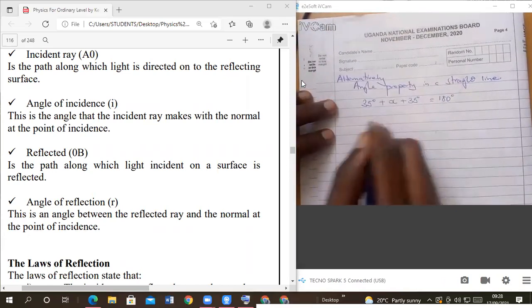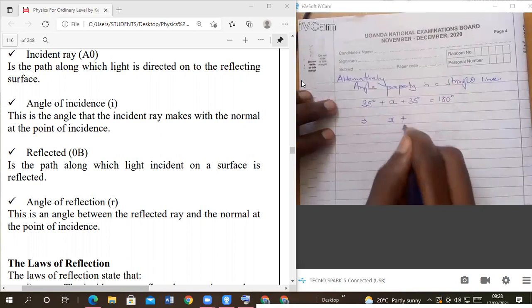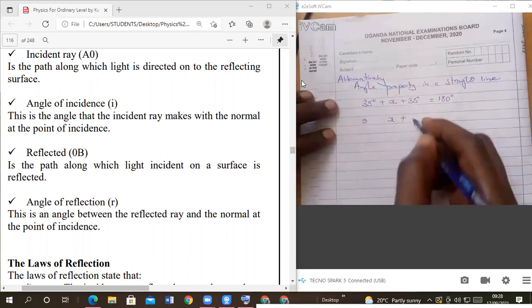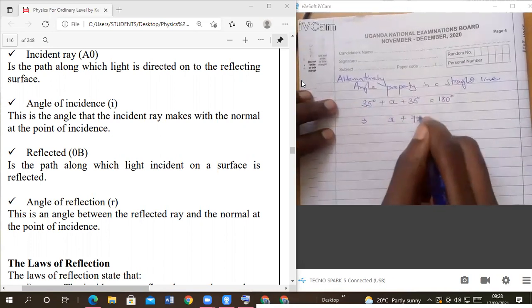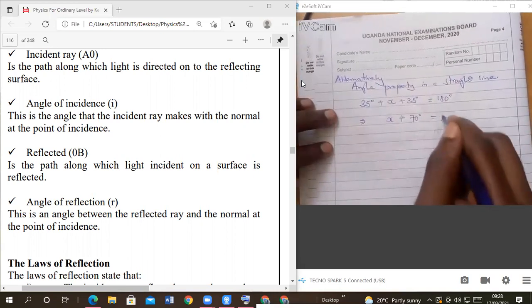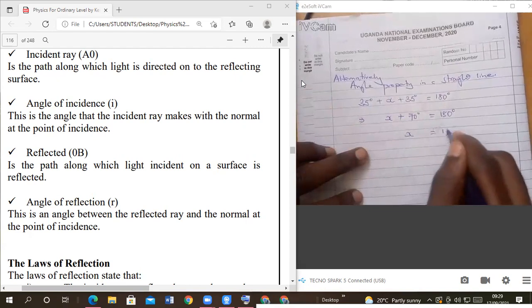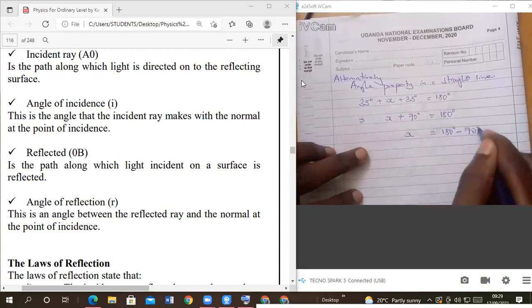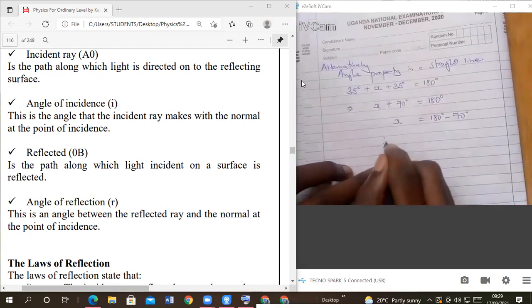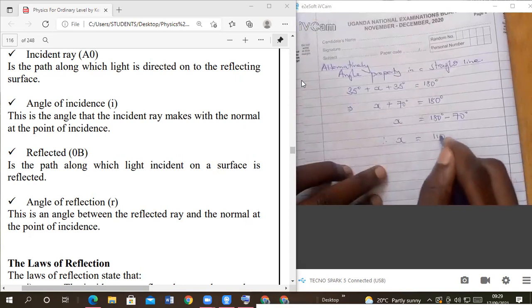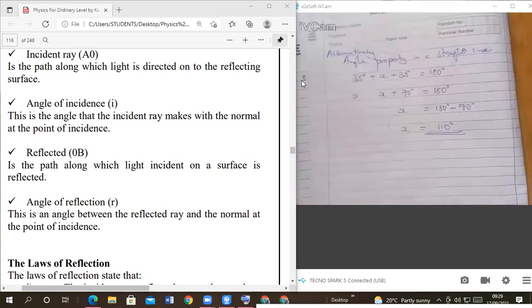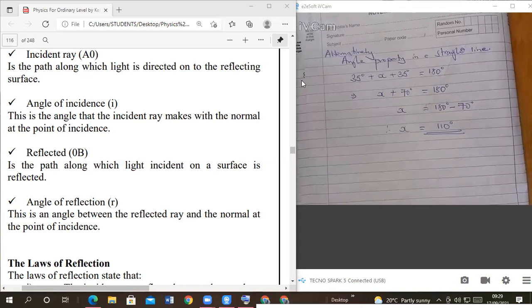So it implies we shall have X plus 35 plus 35, we get 70, equals 180 degrees. So our X is equal to 180 degrees minus 70 degrees. Therefore, our X is 110. Have you seen that?